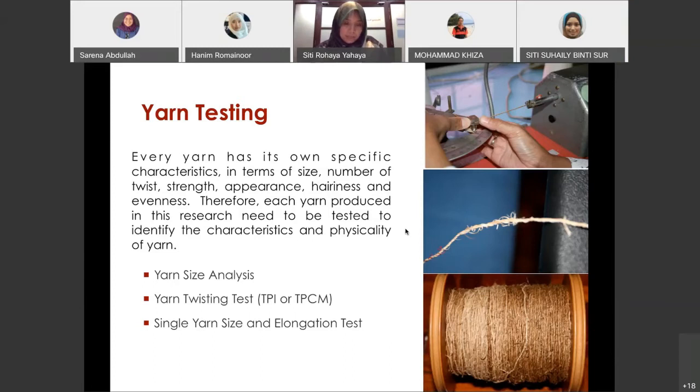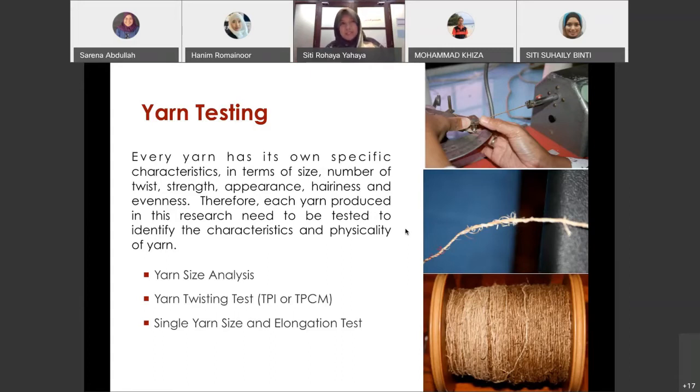The second test that I followed is the yarn twisting test. This test is intended to determine the number of twists per centimeter of yarn and the optimum number of twists in a strand of yarn. In this research, a 10 centimeter length of yarn from my sample is examined under the twist counter to determine the number of twists it contains.